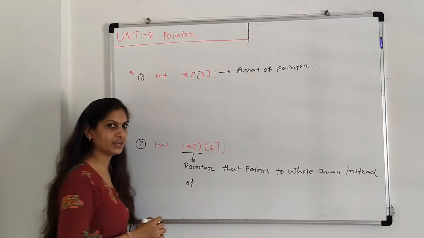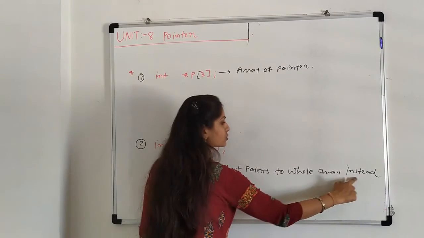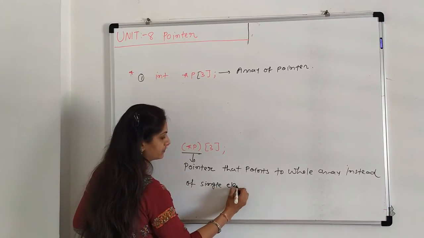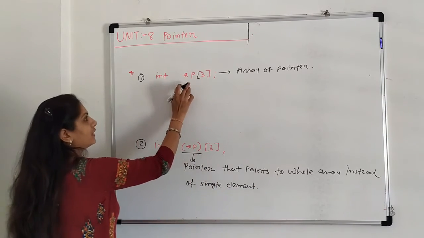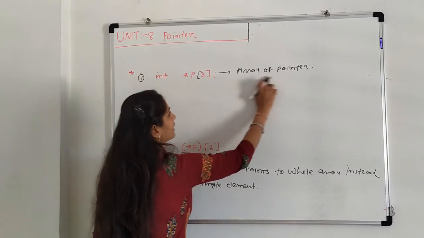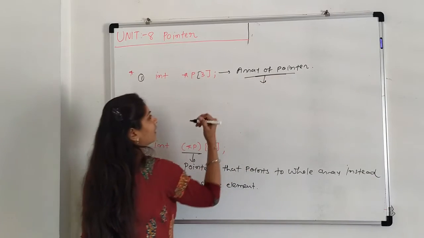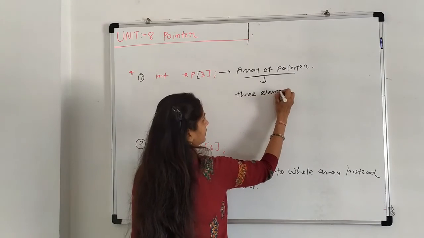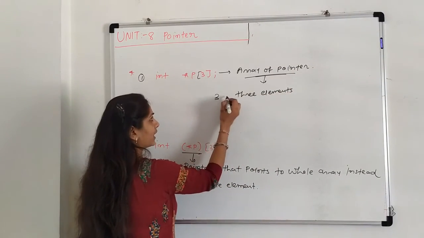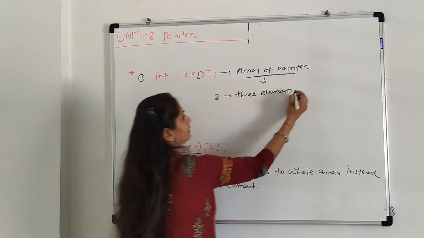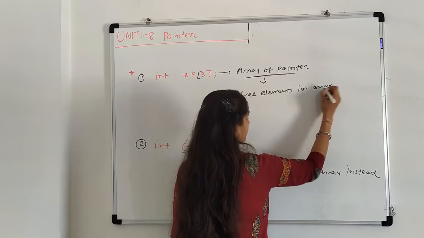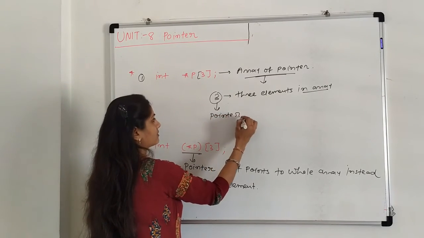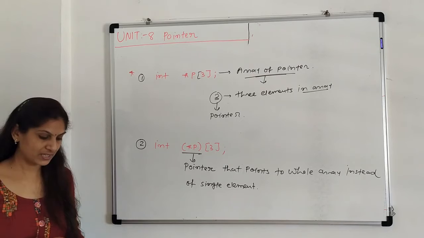The square bracket indicates it is an array. But here p of 3, that is an array of pointer, means there are 3 elements in the array, and each of the 3 elements is nothing but a pointer. This is the difference between these two statements.